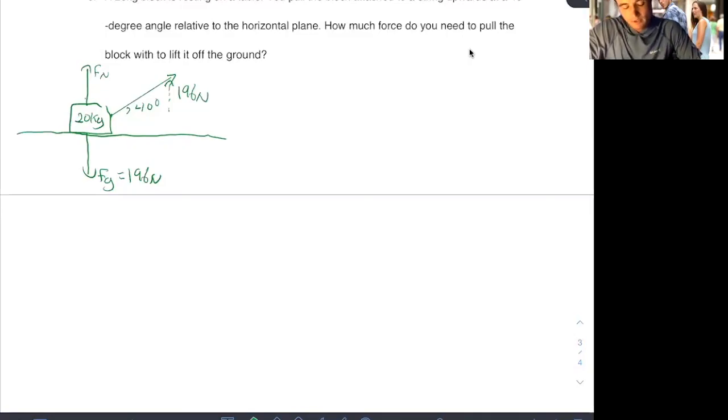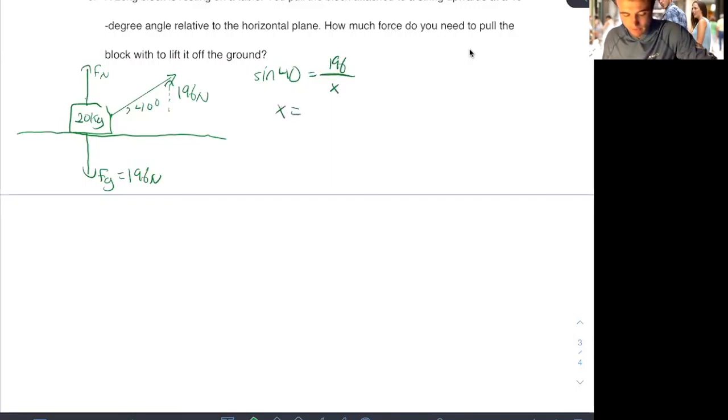If we pull it upwards with 196 newtons, it will start to lift off the ground, right? So perfect. Now we just have to find out how much force we need to apply in this diagonal direction to get 196 newtons in the y direction. So it's just a matter of trig now. We do sine of 40 equals 196 over the hypotenuse, which is what we want to find.